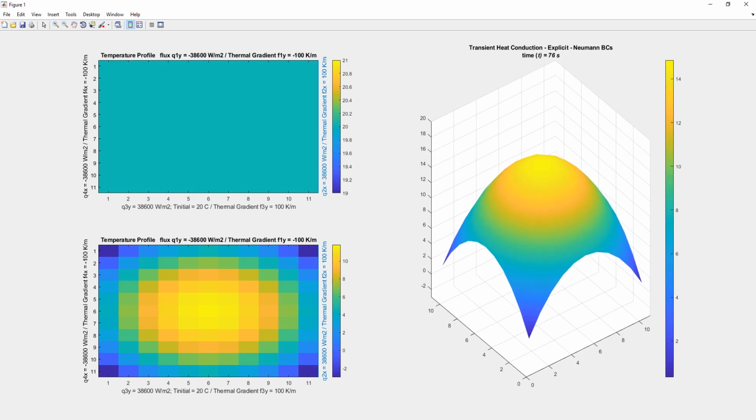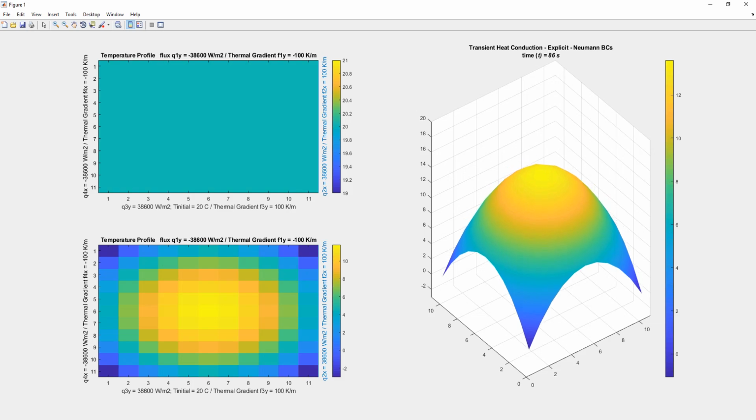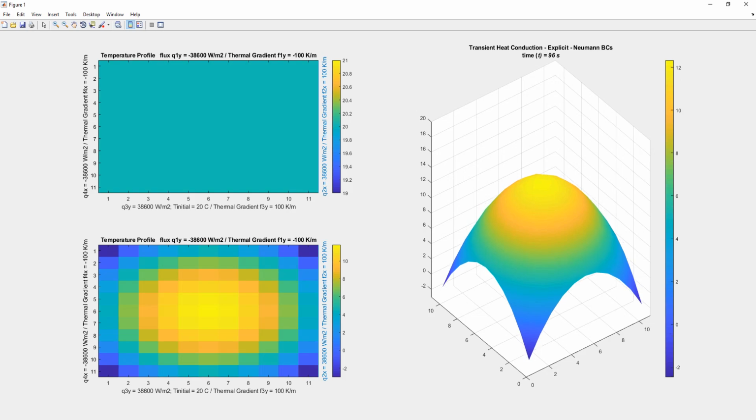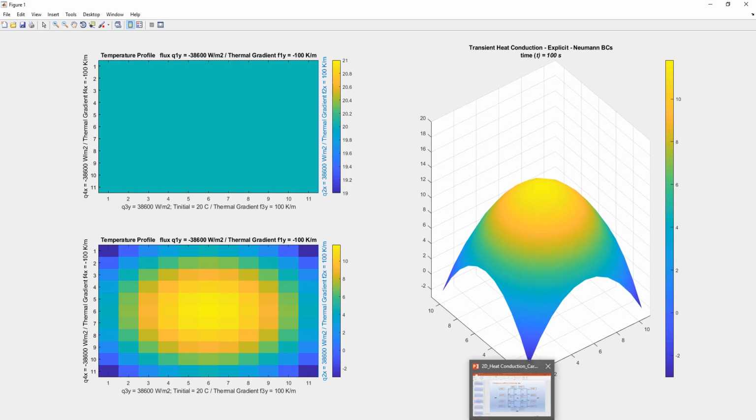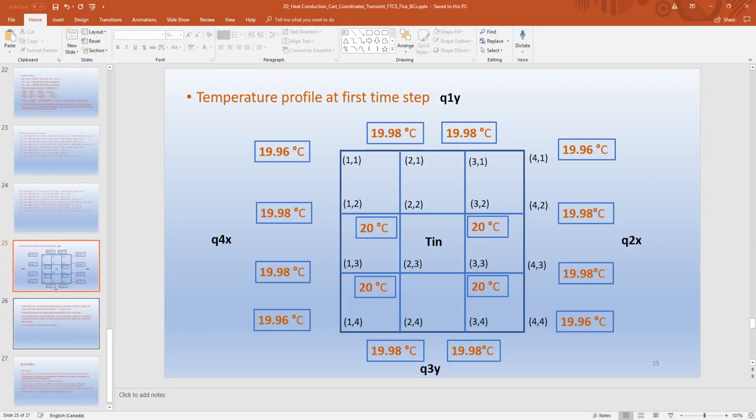You can see that the copper plate is cooling with time and the temperatures are dropping. So now let's go back to our PowerPoint.